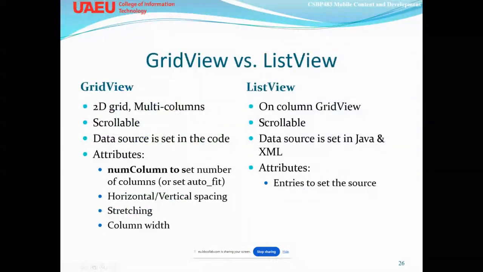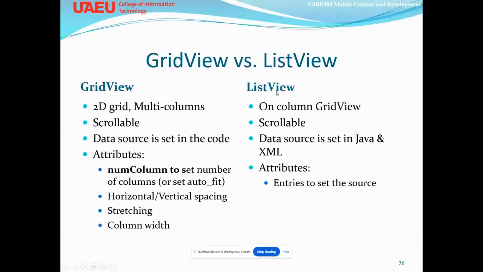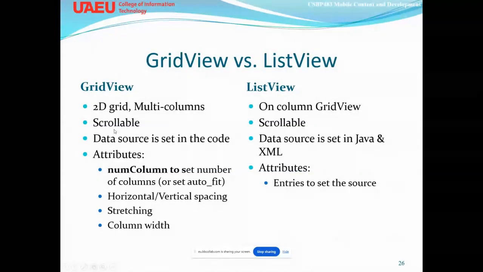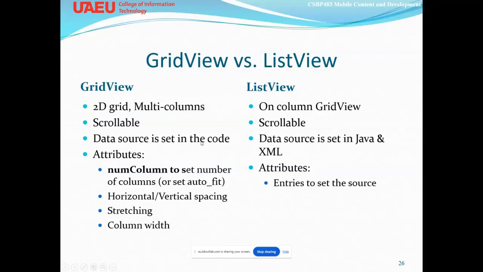So here's some comparison between GridView and ListView. They are twins. The only difference is that GridView is two-dimensional, while ListView is one dimension, one column. Both of them are scrollable, and they come with a scrollable feature. The data source in GridView can only be set through the code, while the ListView can be set through the code or the XML itself.